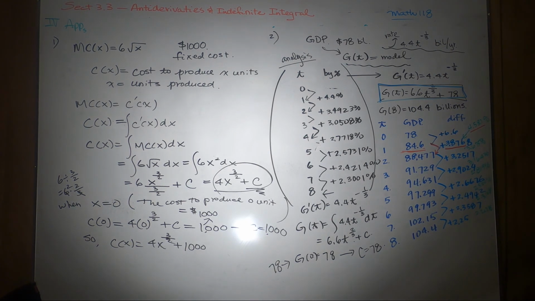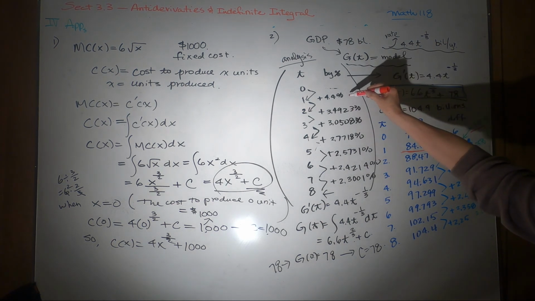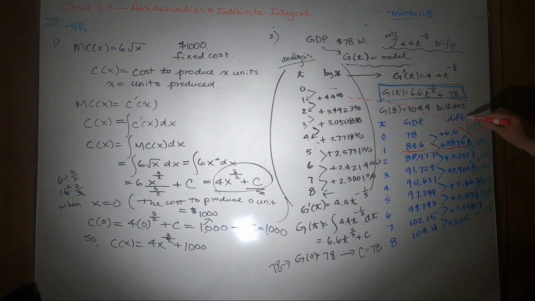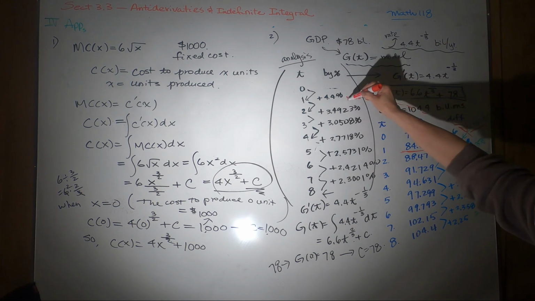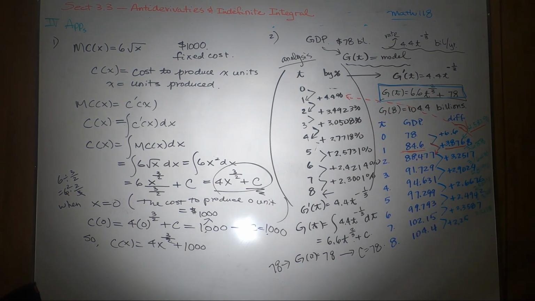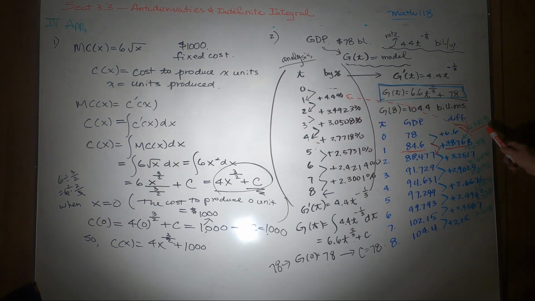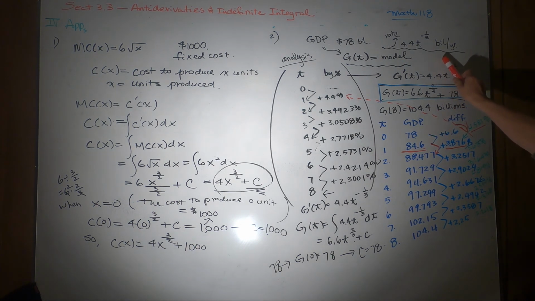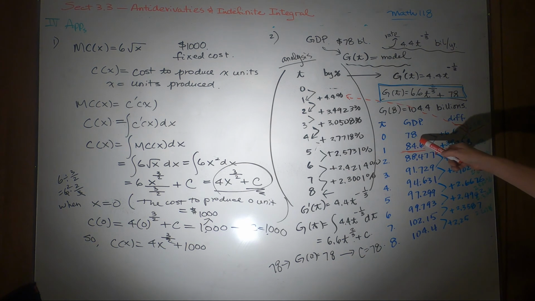That's the percentage, right? So if you compare the given model to those numbers we calculated from the antiderivative, 4.4, 4.583, 3.49, 3.6, it's close all the way to 2.3, somewhere there, right? Then I don't know exactly how they develop the model from the beginning.